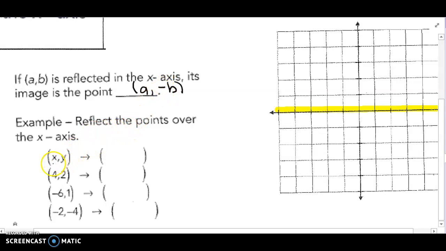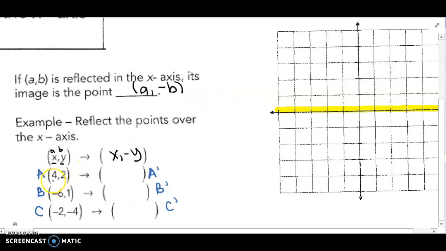Okay, so if I have x, y, this is my A, this is my B, it becomes A, negative B. So my first doesn't change, and my second one, I add a negative to it. Okay, let's do these with real numbers now. So I'm going to make this my A, this my B, this my C, and then I'm going to write A prime, B prime, and C prime here.